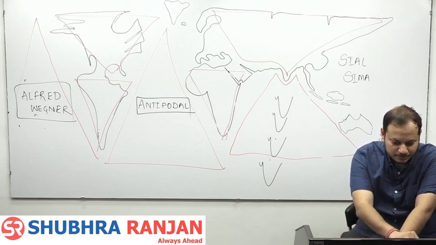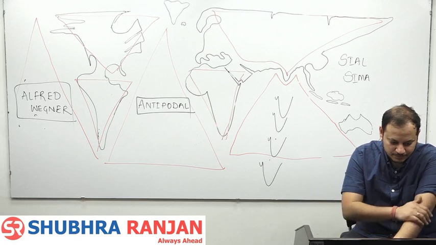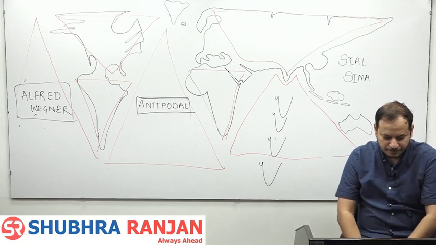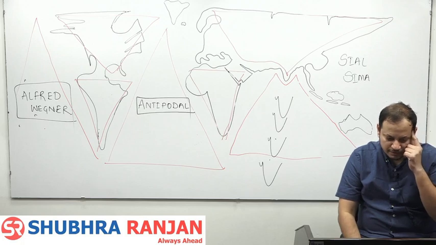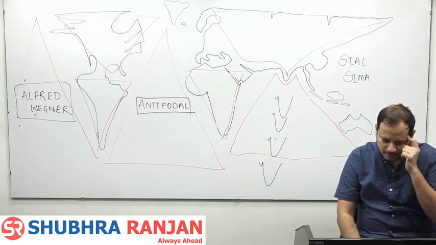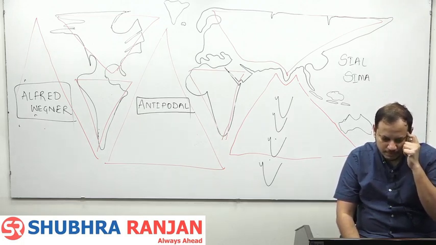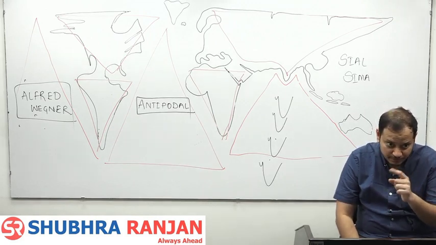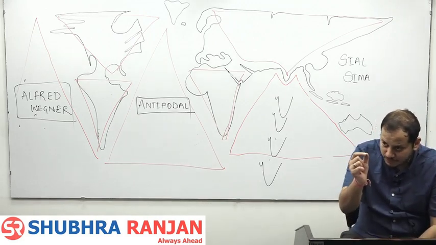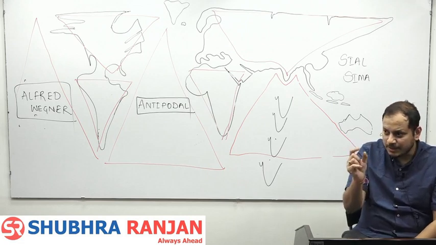Third, according to him, there are two forces which cause the drift. What was the first force? मतलब write down in sub points two forces.